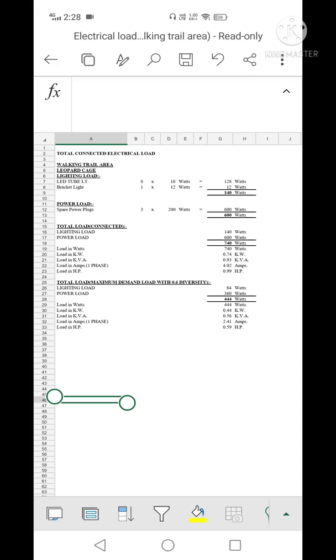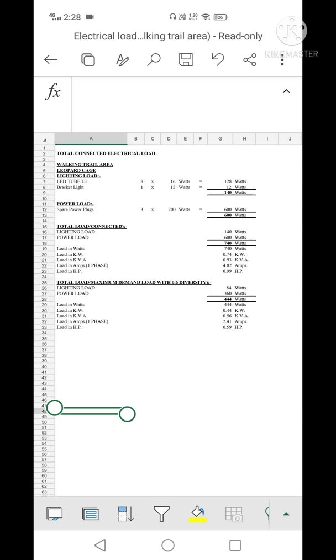Suppose we take an example over here and look into that. There is an LED tube light, 8 in number, and the wattage is around 16 watt, and the bracket light is 12 watt.